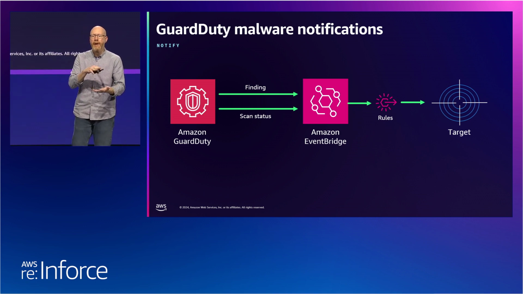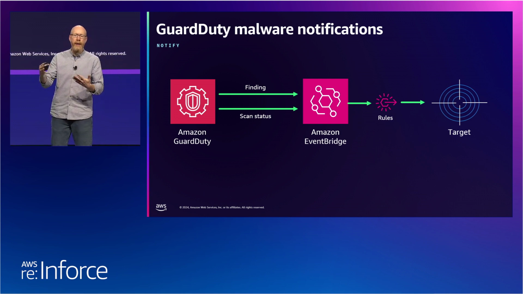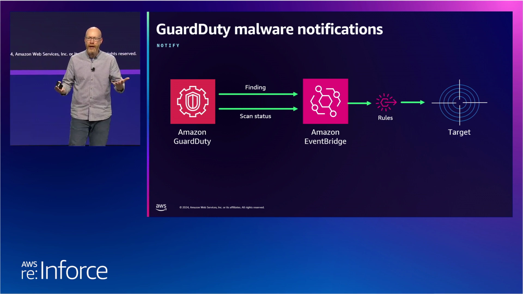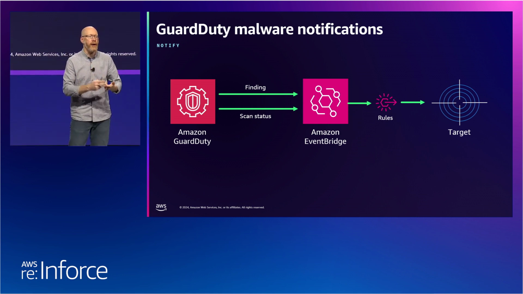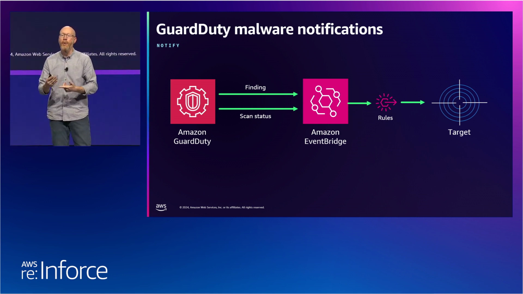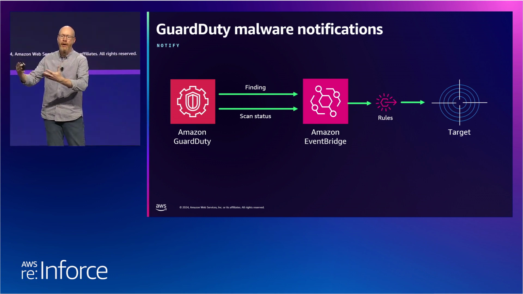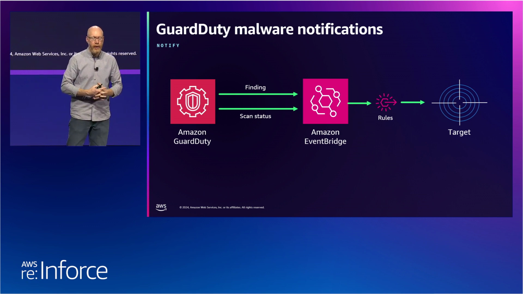GuardDuty sends a copy of every one of its findings to Amazon EventBridge, and you can write a rule in there that matches those findings and sends that on to a target. The target can be one of over 20 AWS services that you can then use to orchestrate sending that off to a ticketing system, Slack, email, whatever works for you, as a notification or a heads up that a malicious file has been uploaded and exists in your S3 bucket.